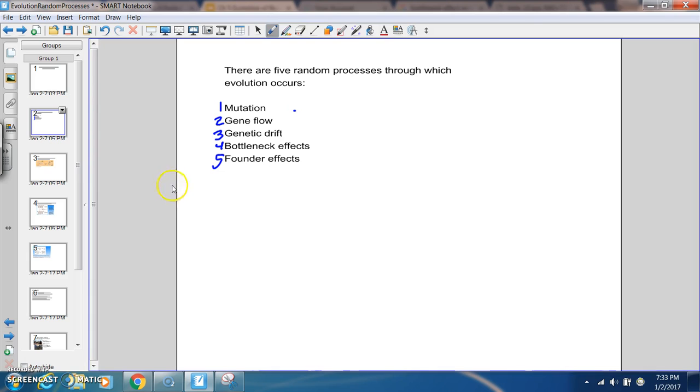All of these processes occur randomly, with some exceptions because of the anthropogenic effect of humans, and we'll get into that a little bit later. But most of these are random events that lead to population change over time.